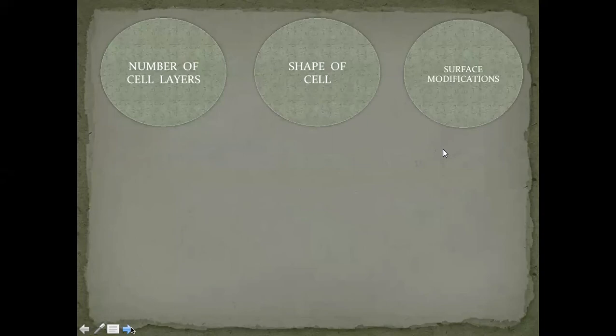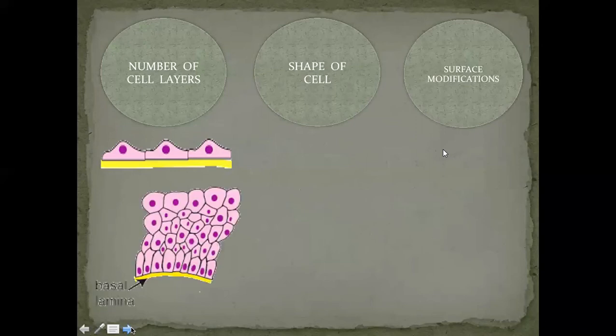Number of cell layers can be single or multiple. When multiple, we call it stratified, strata, because it has many. This one is only one layer of cells, and this one has multiplied. How about the shape of the cell?